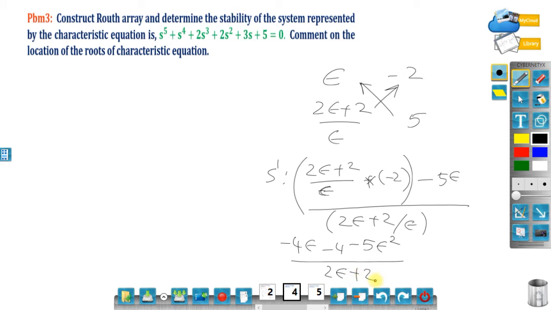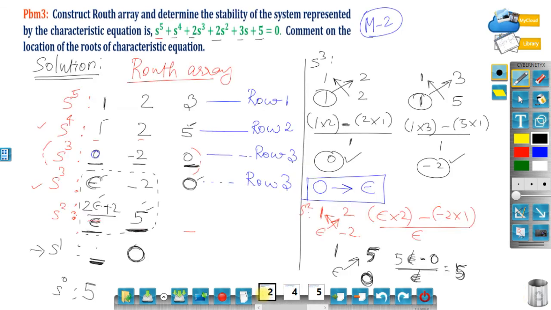Yeah, this eta term will get eliminated in both numerator and denominator. We will get this equation as final. Okay, we will take the minus as common: minus, 5 eta square plus 4 eta plus 4 divided by 2 eta plus 2. This is the biggest polynomial we are getting for this position.